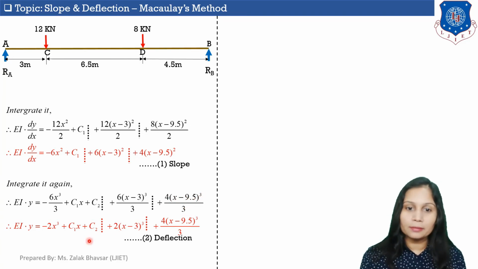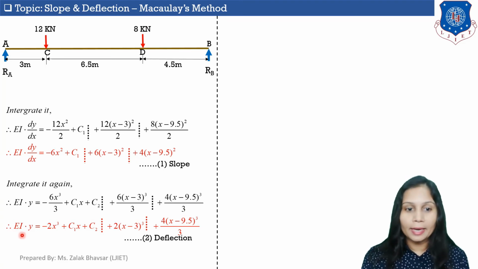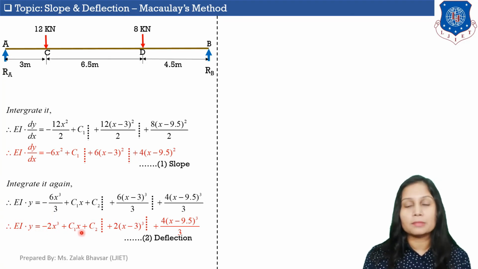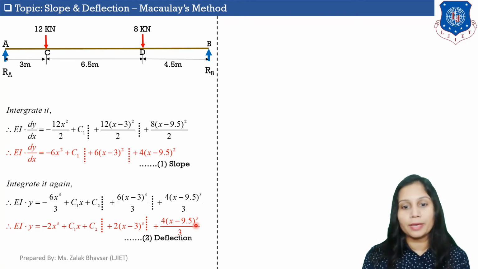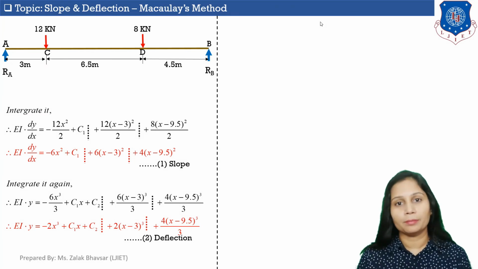If I simplify this equation, I will get the final equation as EIy = -2x³ + C1x + C2 + 2(x - 3)³ + 4/3(x - 9.5)³. So we are completed with step number 3.